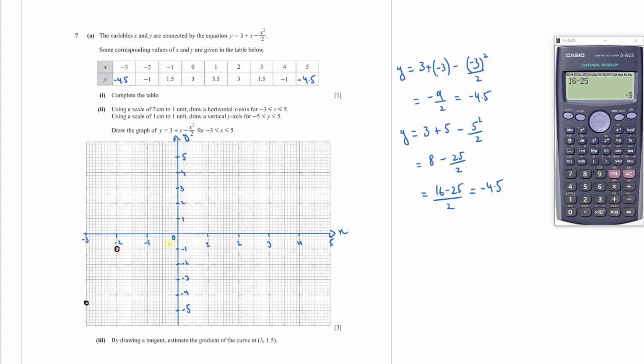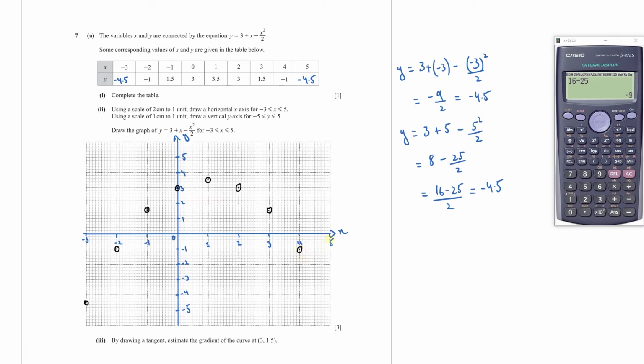The next one is -1 and 1.5. -1 and 1.5 will be this. 0 and 3 will be this point. 1 and 3.5 will be this one. 2 and 3 will be this. 3 and 1.5. 4 and -1.